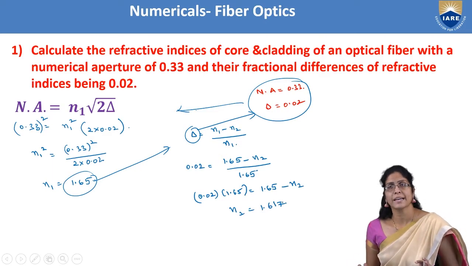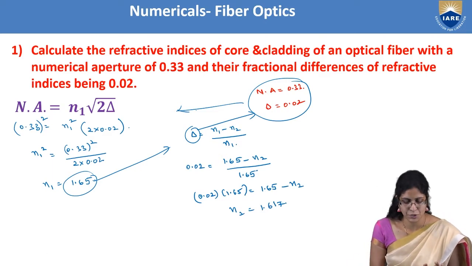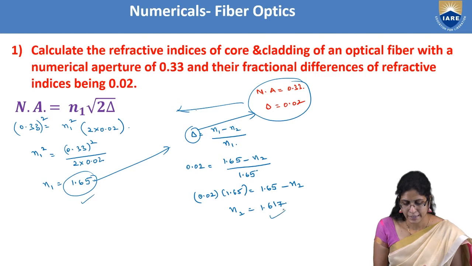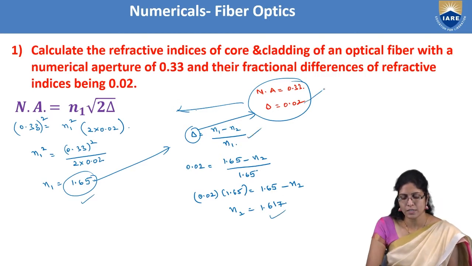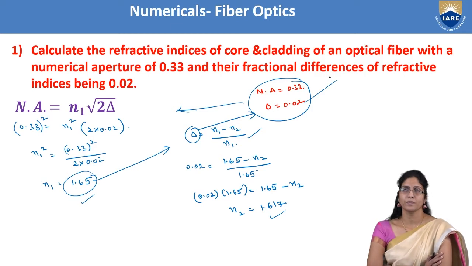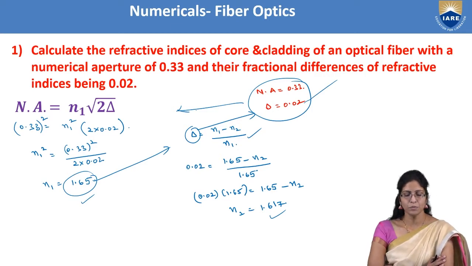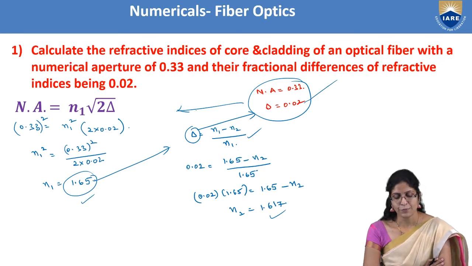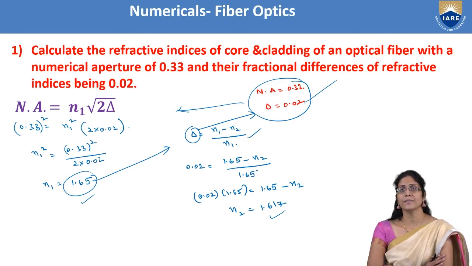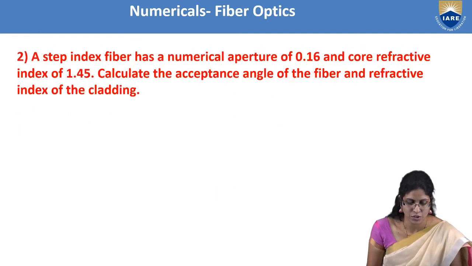If you want to check your answers, you can substitute this n1 and n2 and check for the delta, which is given as 0.02. So this is how you calculate the refractive indices of the core and the cladding when you are given the numerical aperture and the fractional refractive index change.